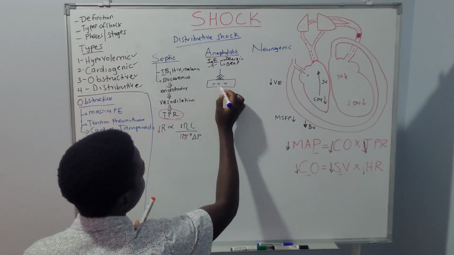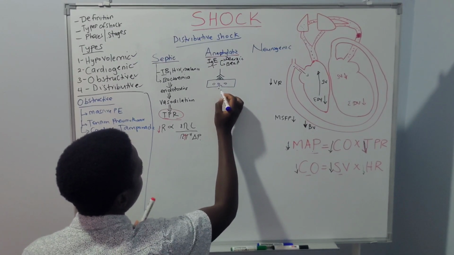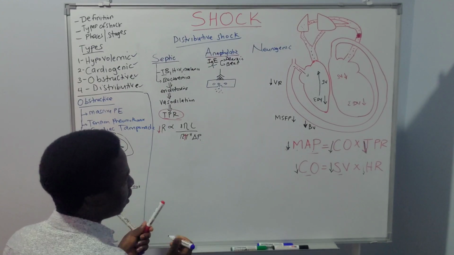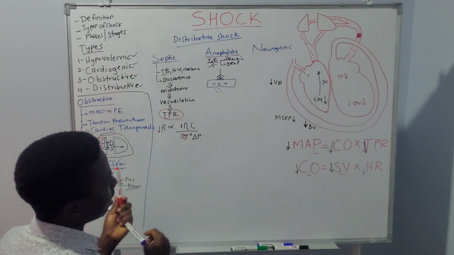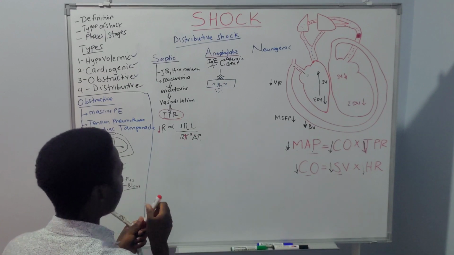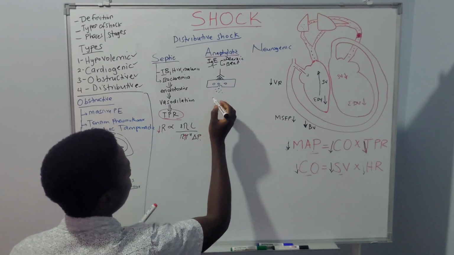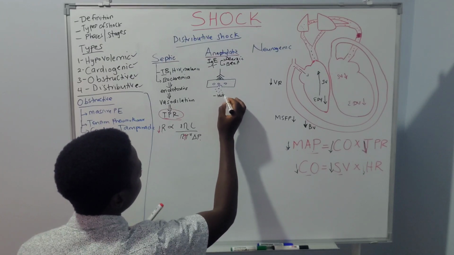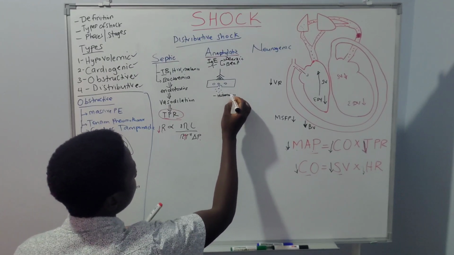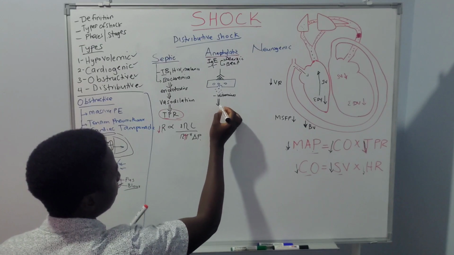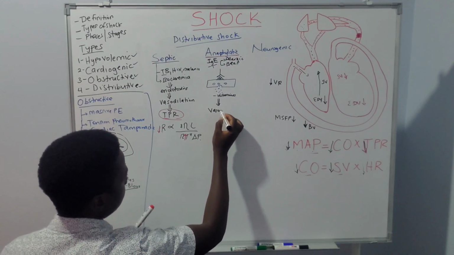So these mast cells start to release their contents. Some of these granules released into circulation contain substances, for example histamines. These histamines are typically vasodilator substances.